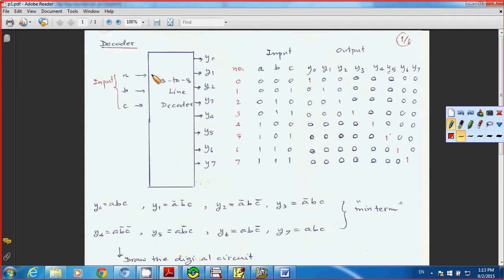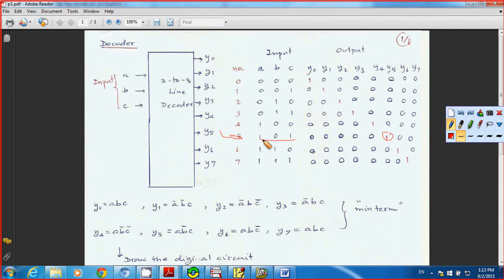For example, when you set up Y0 here, if you're thinking about the min term, that means your input has to be A bar and B bar and C bar. So we end up with Y0 equal to A bar B bar C bar. For let's say Y5, the input is 101, and that corresponds to Y5 as the output, which is 1.